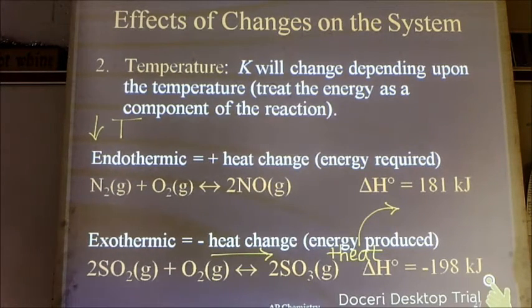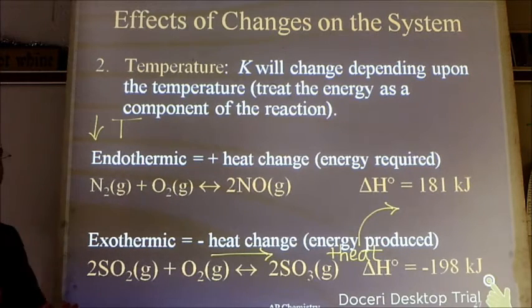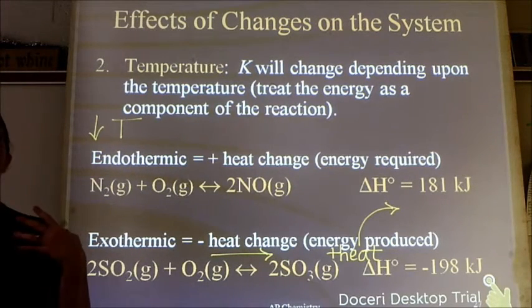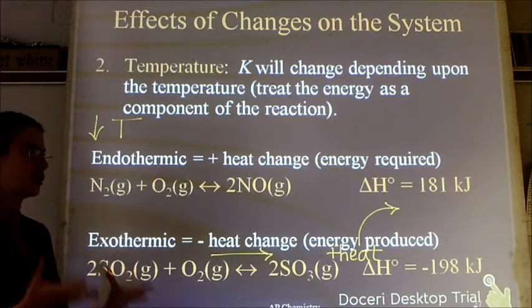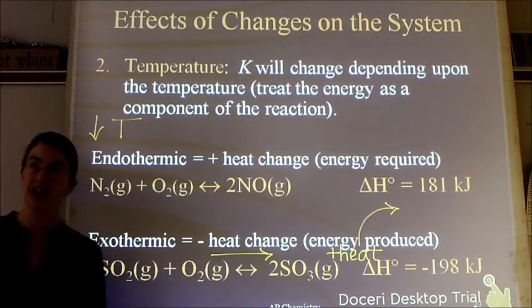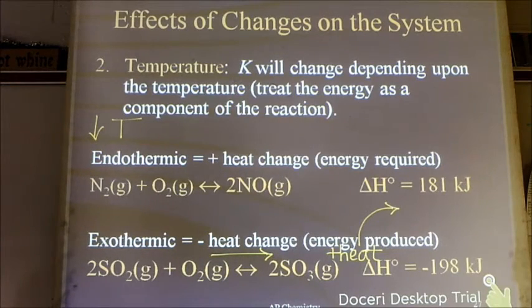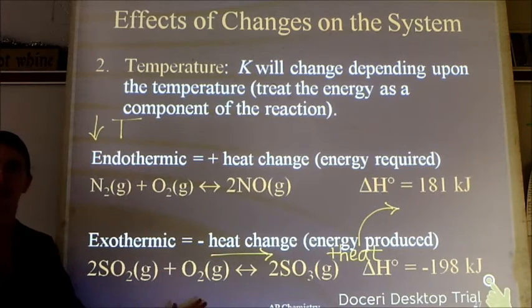If for your sulfuric acid plant it makes sense to carry this out at a low temperature, would it make sense to you as a business owner to build your factory in, say, Brazil, where the equator runs through that country? No. Okay, so that's just, you know, a real life application there.